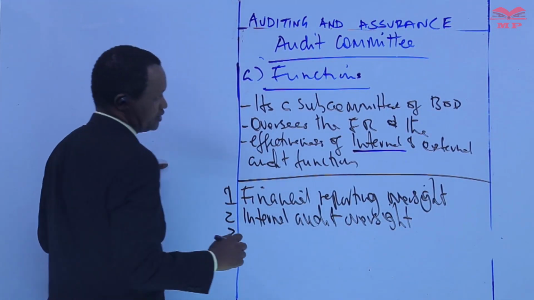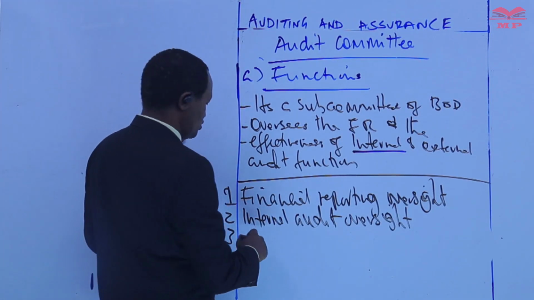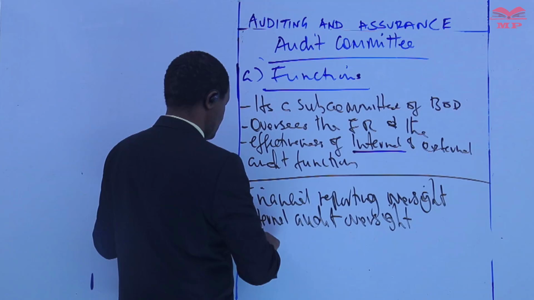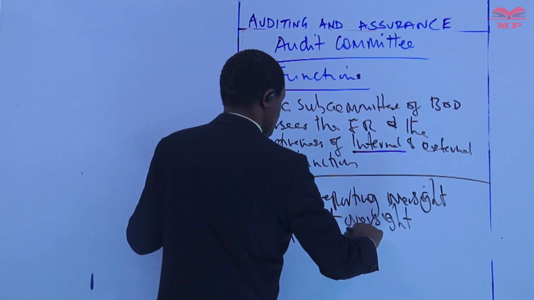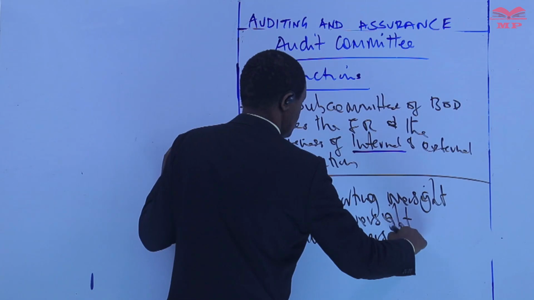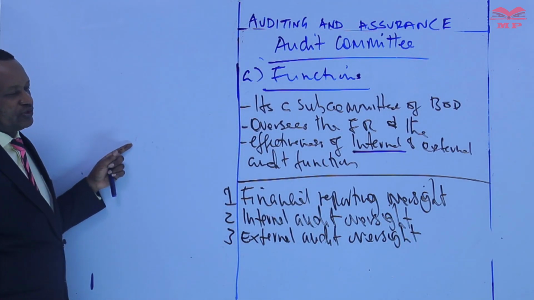The third function is external audit oversight. This committee also oversees the external audit function.